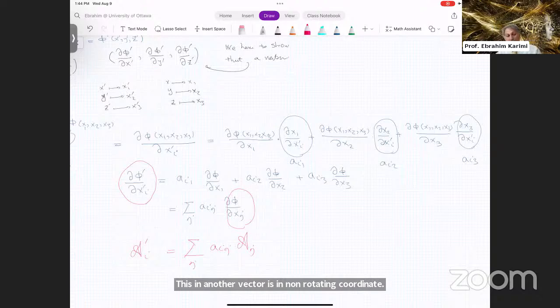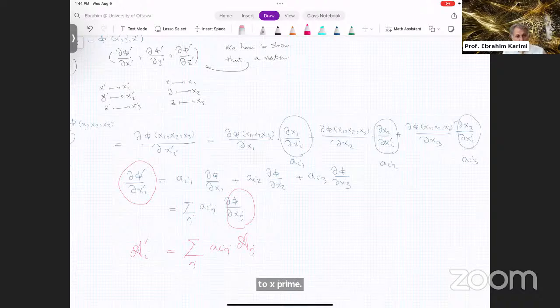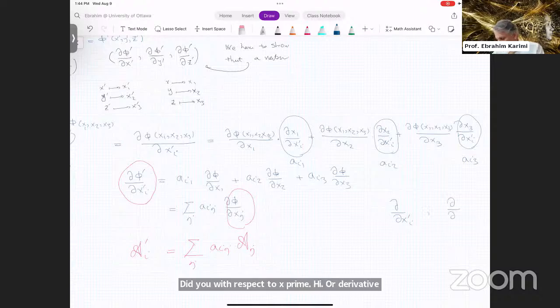So I see that the derivative with respect to x prime i is acting like a vector. So indeed, the derivative with respect to x prime i, or the derivative with respect to xj, they are vectors.